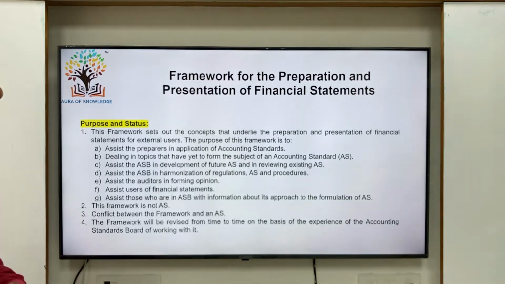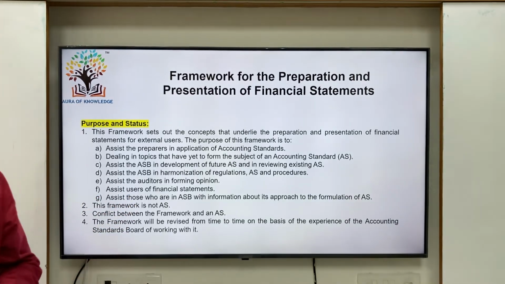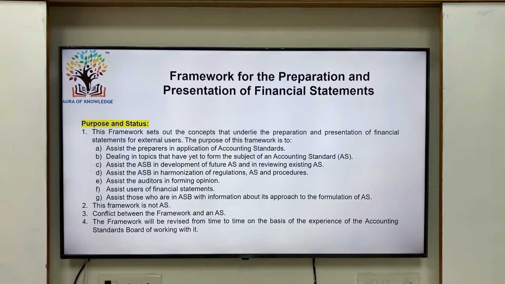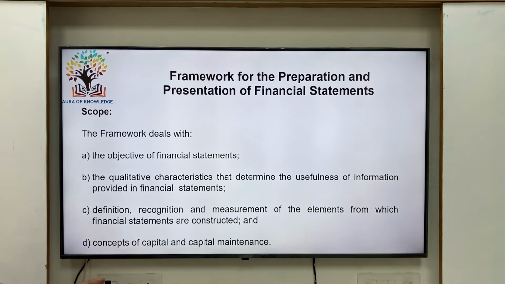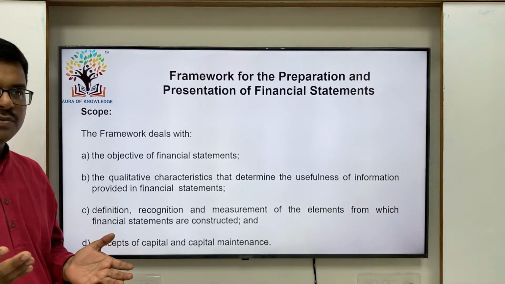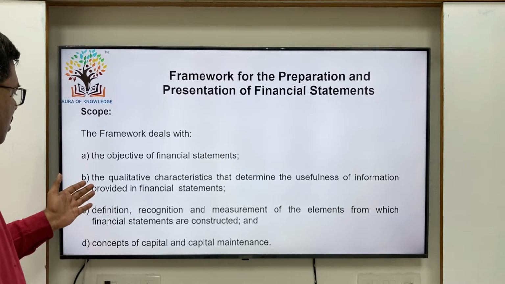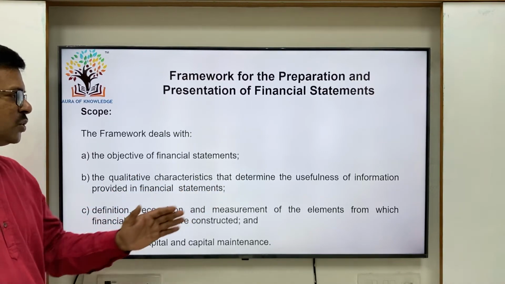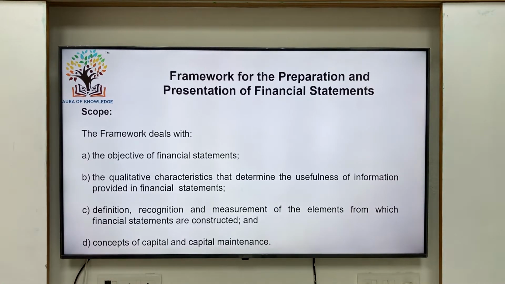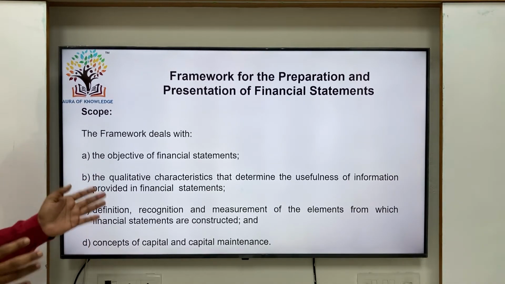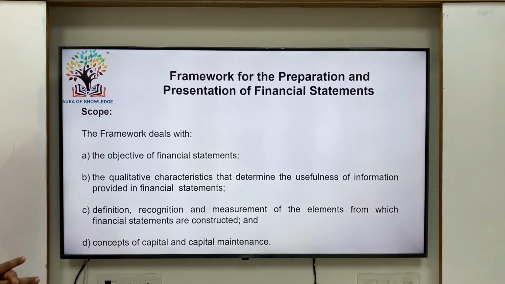And let us see what exactly this framework covers. This framework deals with the objective of financial statements. What is the objective of the financial statements which are under review? The qualitative characteristics that determine the usefulness of the information provided in the financial statements. Qualitative characteristics means materiality, prudence, whether the particular qualitative characteristics have been followed while preparing the financial statements or not.